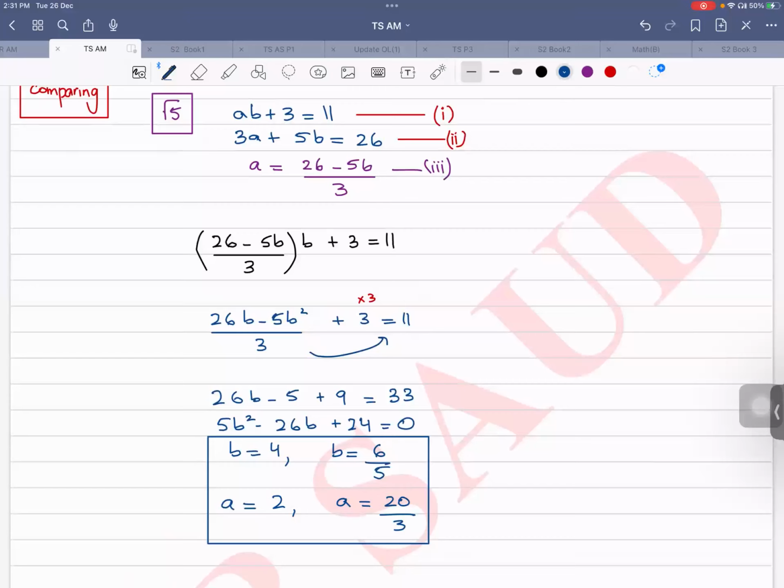Done, Arad? I'm not getting 20 upon 3. I'll redo the equation.